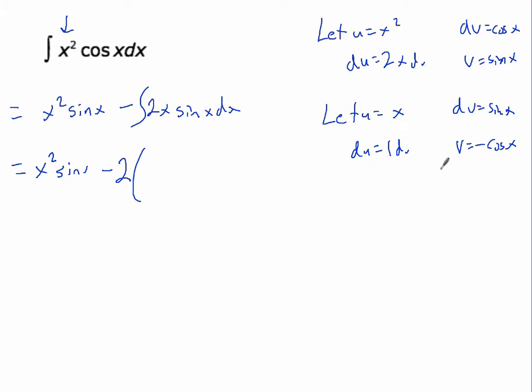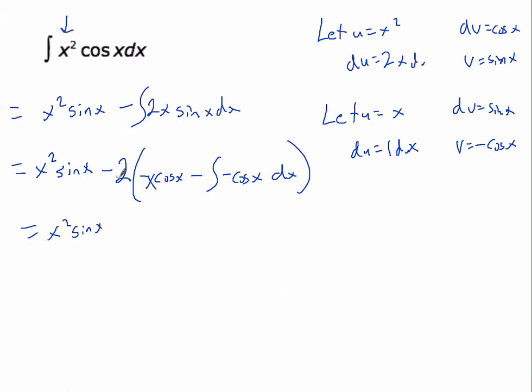So the uv, x times that, is going to be negative x cosine x here, minus the integral of v du, so that's going to be negative cosine x dx. Don't forget the brackets here, and watch out for the negatives. That's a common mistake with integration by parts. There's a lot of negatives flying around.